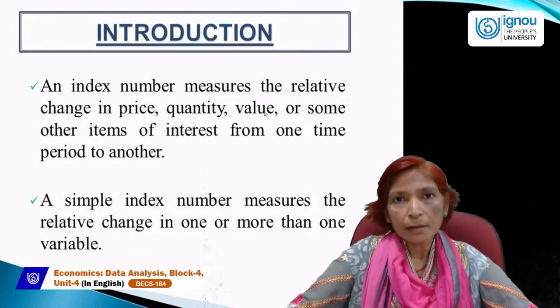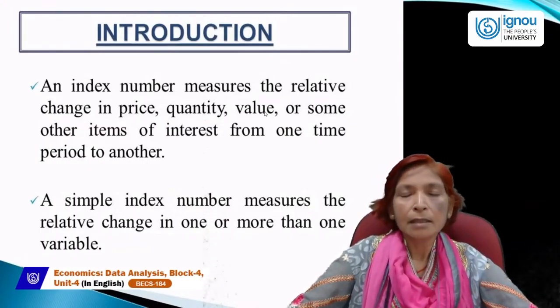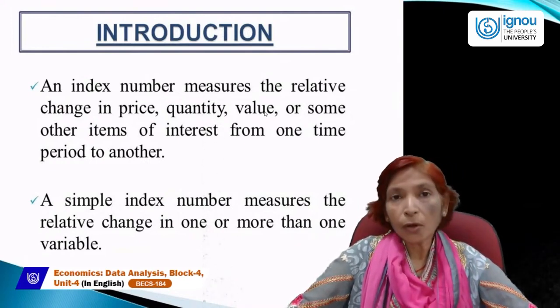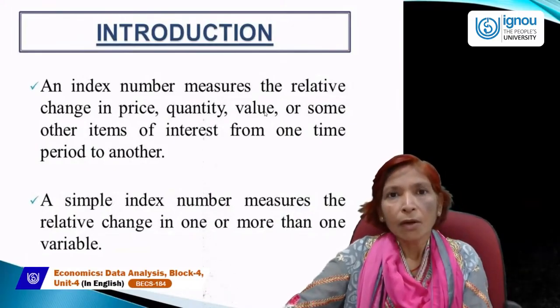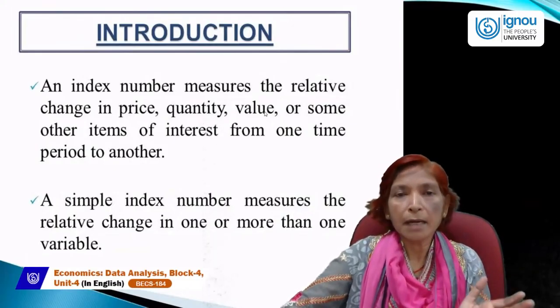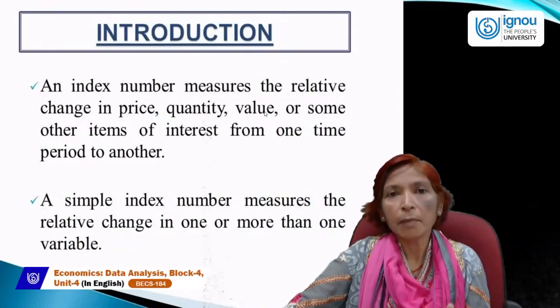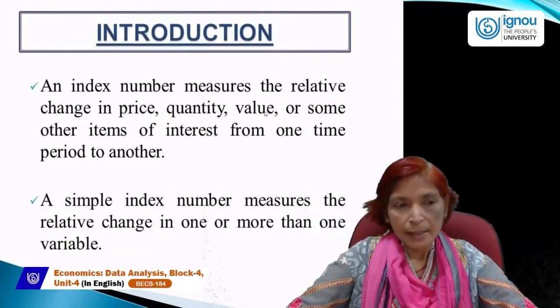We can compare the price level of the current period and the base year period. It means if we want to compare how much difference there is between the price of the current year and the base year price, then we will use this index number.